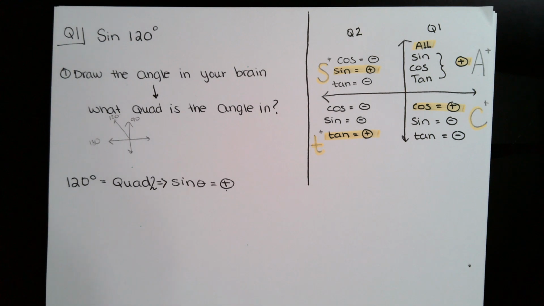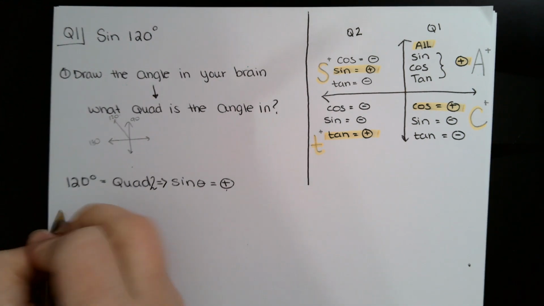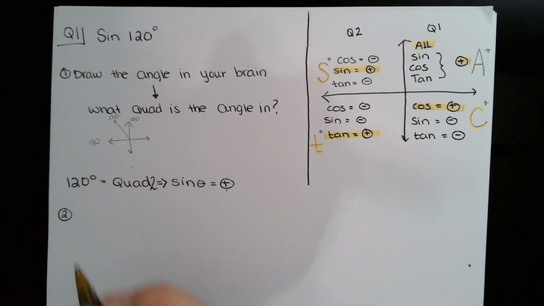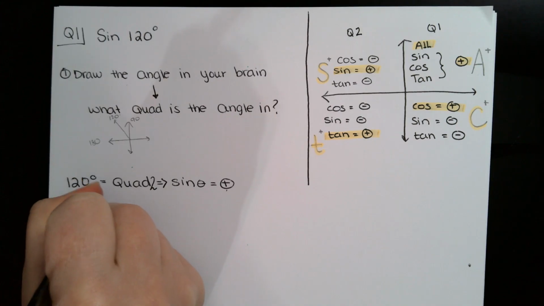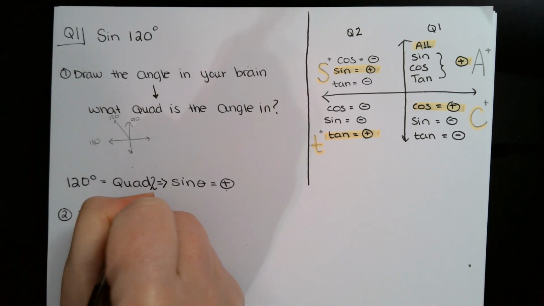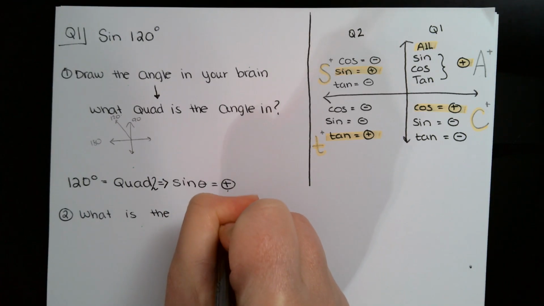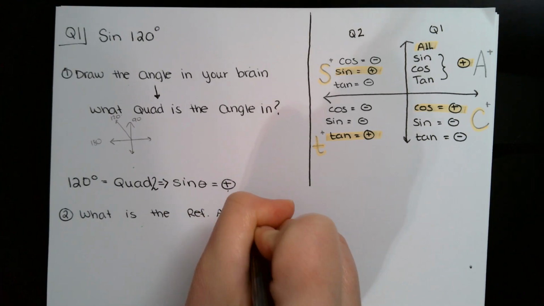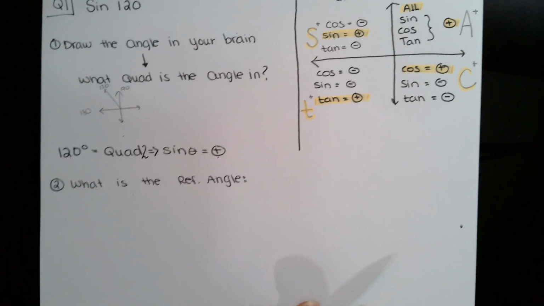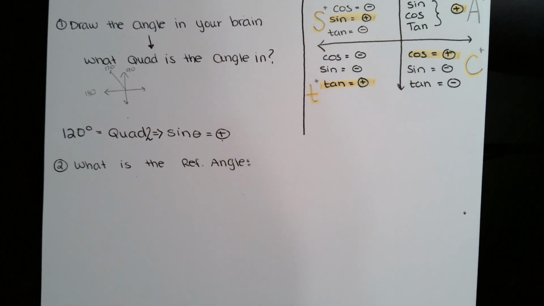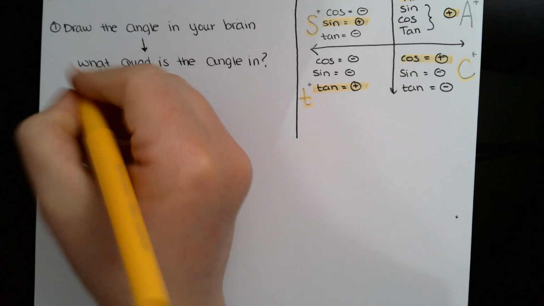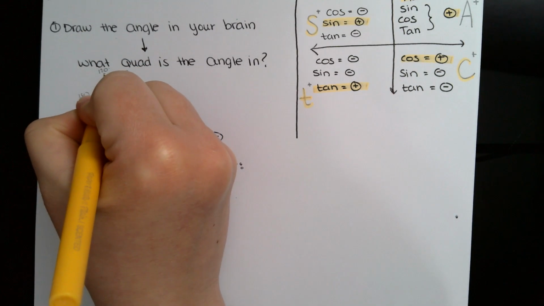Next, step number 2, you're going to ask yourself, what is the reference angle? Eventually you're going to have these memorized. If I'm at 120, the reference angle is going to be this angle here.